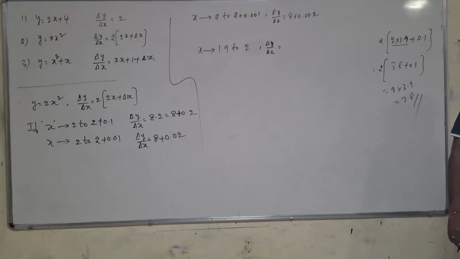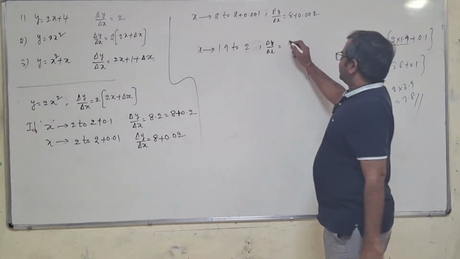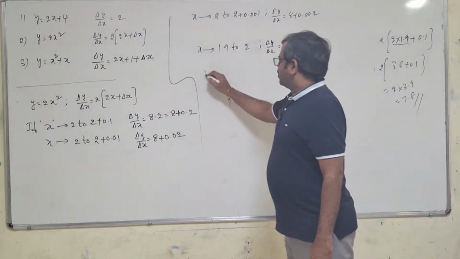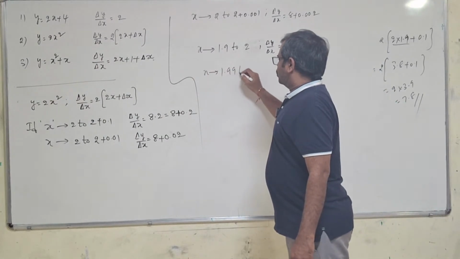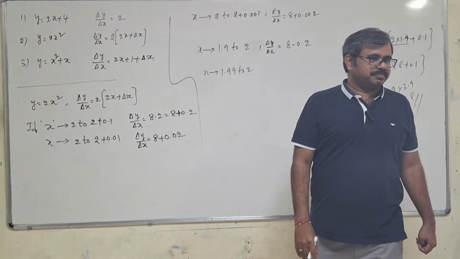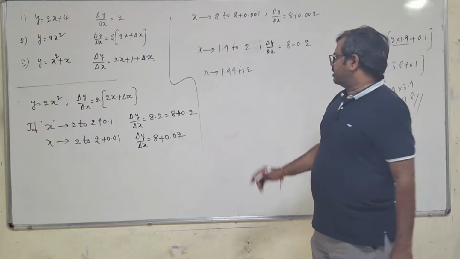Okay. You understand this? So 7.8 is how much? 8 minus 0.2. Now come closer to 2. Come closer to 2, say 1.99.